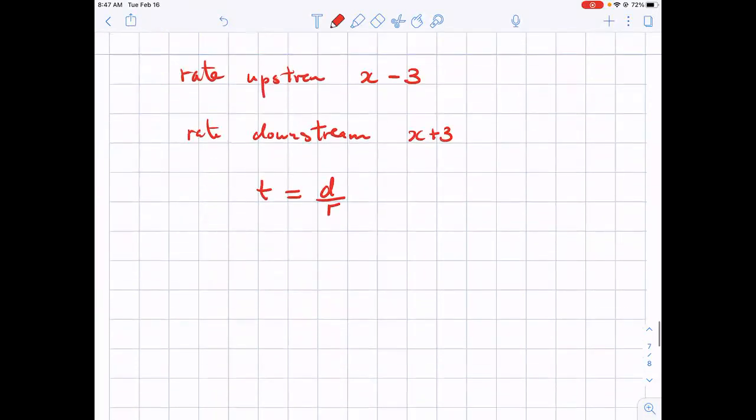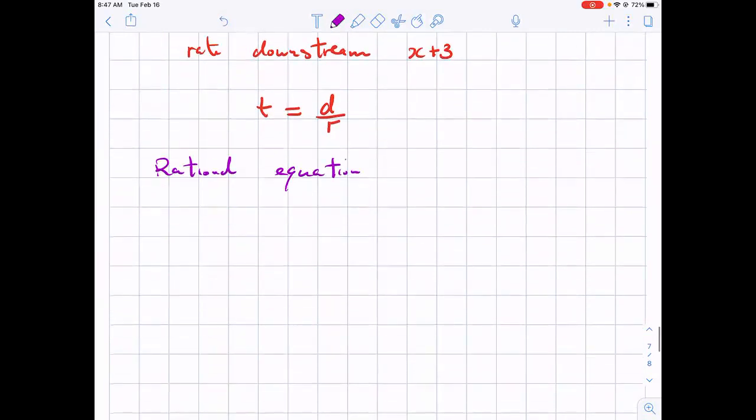So if we write that, our rational equation is 12 over x minus 3 plus 12 over x plus 3, and that is equal to 3 hours. Okay, the upstream time and the downstream time.